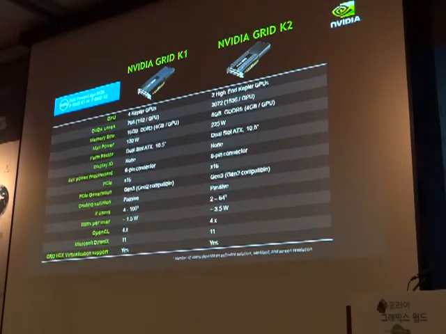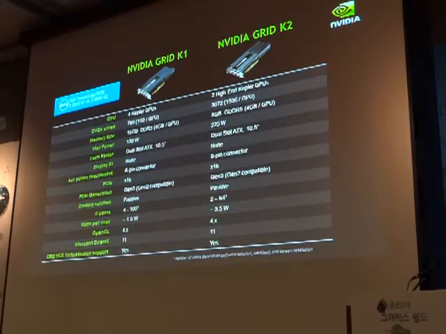In contrast, K2 is targeted for designers. These are the people who want a dedicated GPU that needs very high performance. In K2 you have two high-end Kepler GPUs. If you simply compare the number of CUDA cores between K1 and K2, you can see that it's about 8 times more powerful than a K1 GPU.